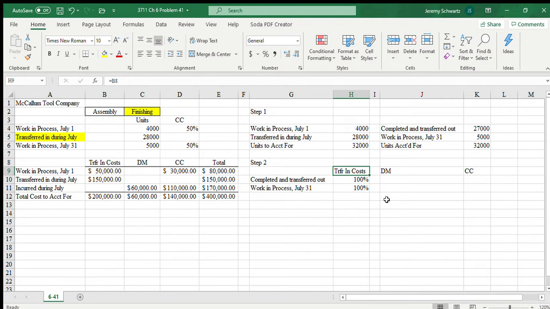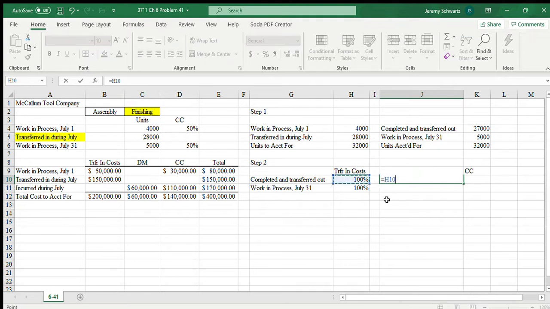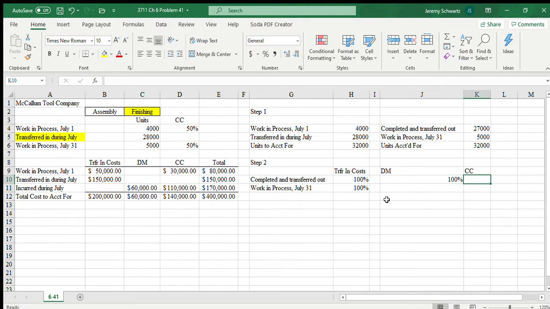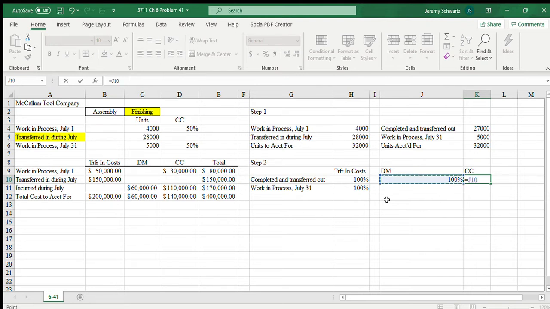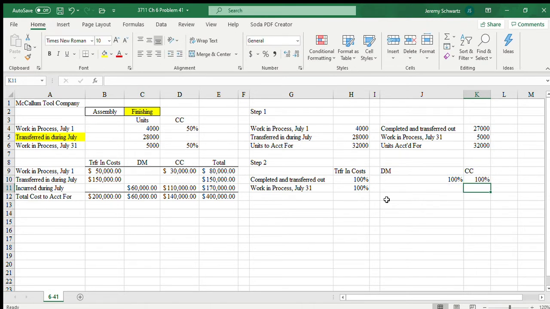And direct materials for those that are completed and transferred out will also be 100%, as will conversion costs for units that are completed and transferred out. Since materials are added at the end of the process, this will be 0% here, and then the conversion cost will be 50%.